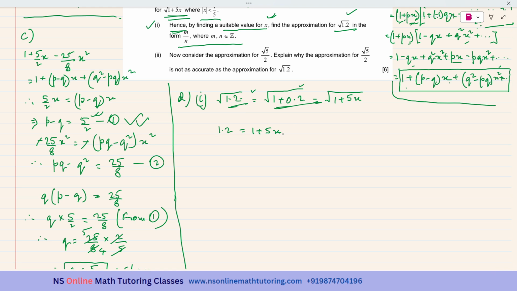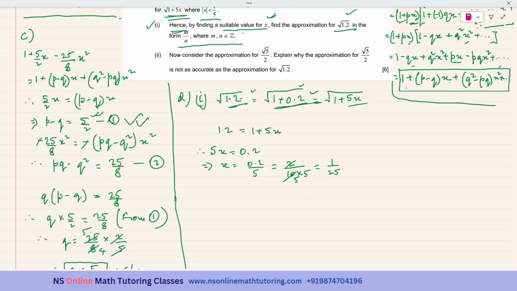So 1.2 equals 1 plus 5x, therefore 5x is equal to 1.2 minus 1, which is equal to 0.2. From here also I am getting 0.2 is equal to 5x. So therefore x is equal to 0.2 over 5, which is equal to 2 over 10 times 5, which is 1 over 25. You can write 2 over 50 or 1 over 25, anything. So x is equal to 2 over 50 or 1 over 25.